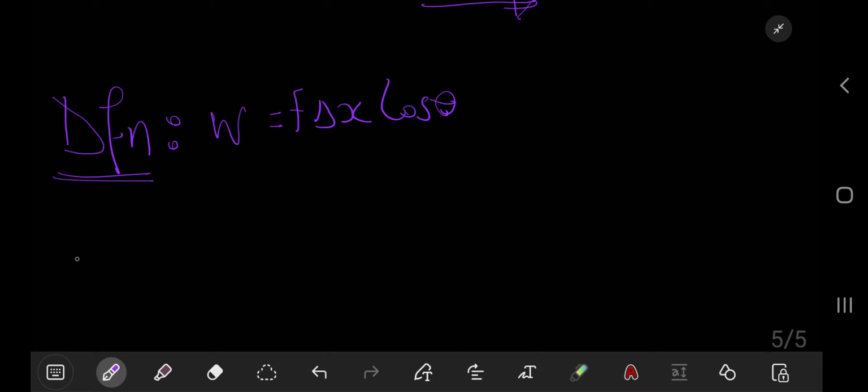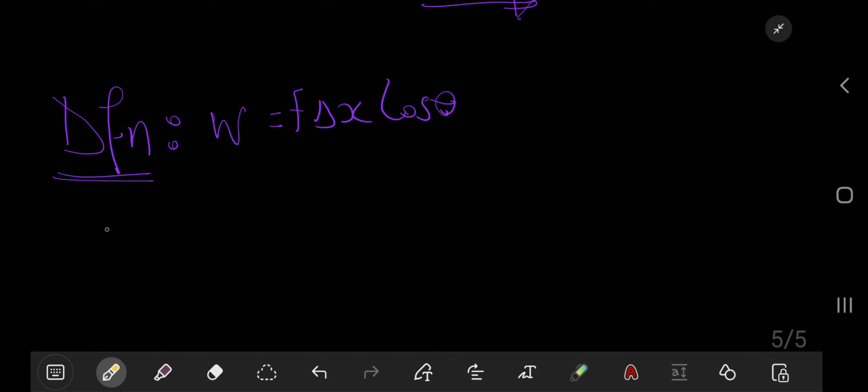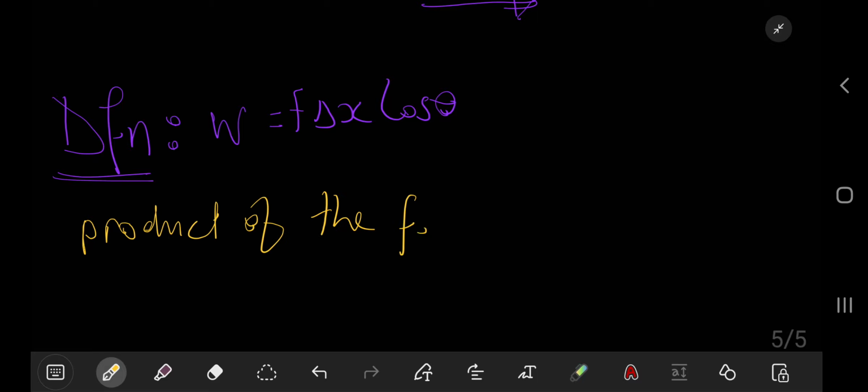Okay. So in terms of the definition, work is the product of the force, we can see from the formula that is this force multiplied by the displacement. Okay.